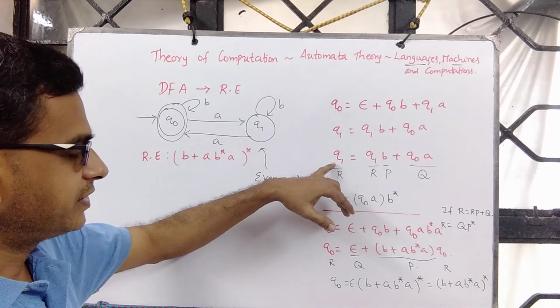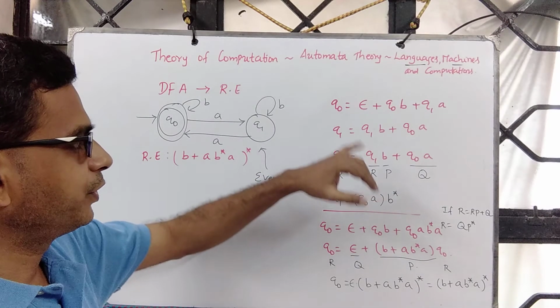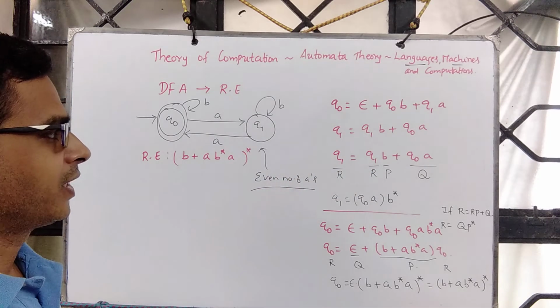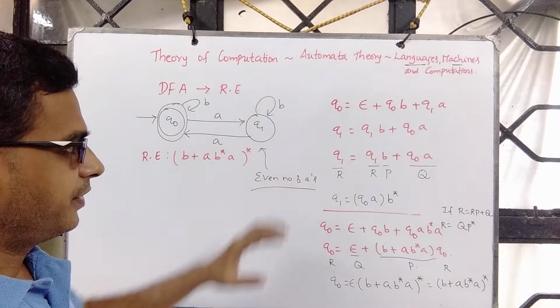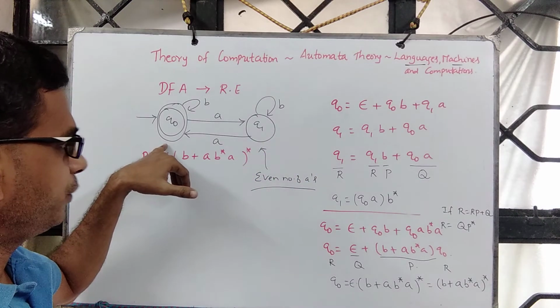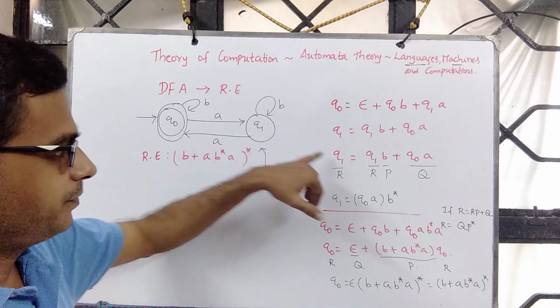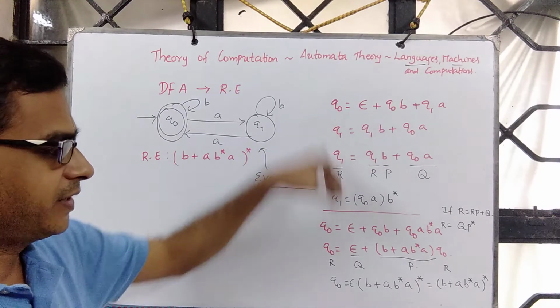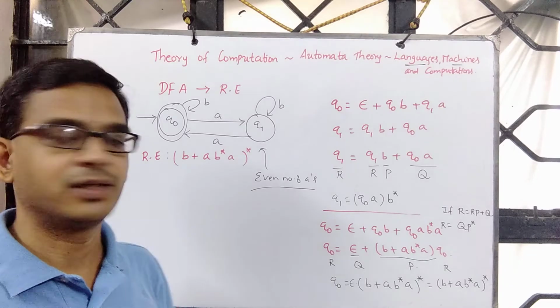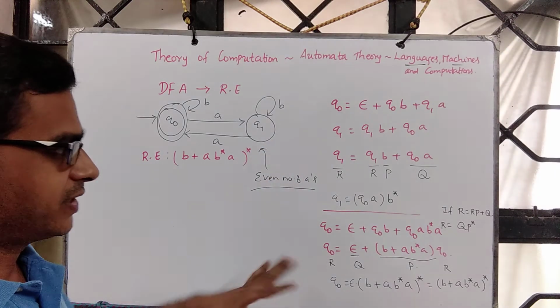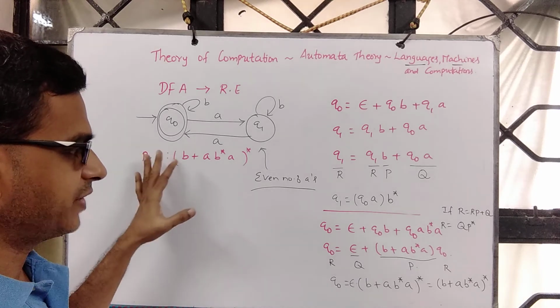Something like Q1 is defined in terms of Q1, Q naught is defined in terms of Q naught. Okay, but if you carefully observe, because we need solution to Q naught, we try simplifying Q1 first and then substitute here, so that we obtain solution to Q naught. So the order of simplification matters, so that depends on the question.